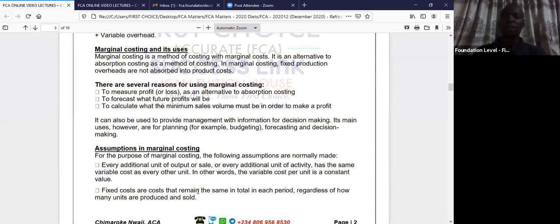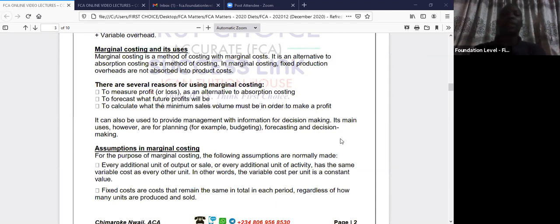We looked at ABC and the normal absorption cost, and we said we use it to measure the full cost of a product. But now marginal costing is an alternative which does not measure the full cost. And so you measure only the variable items.